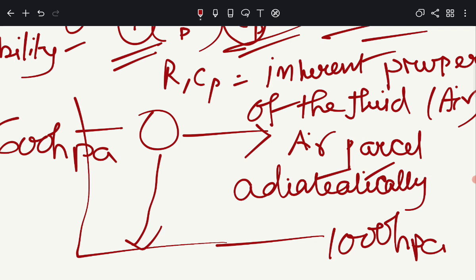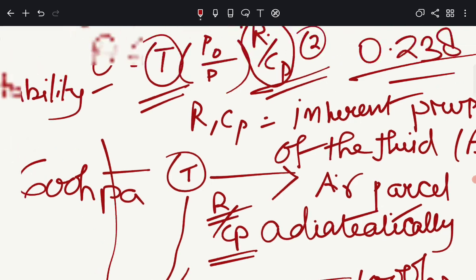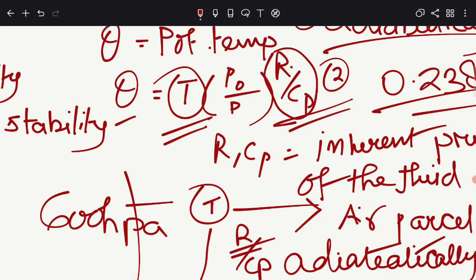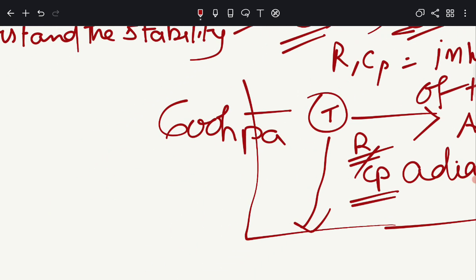Theoretically we need to bring this down. Then obviously it has an inherent temperature T, and the constant for that air parcel is R by Cp, where one is the gas constant and one is the heat capacity. So that is how we can calculate theta.